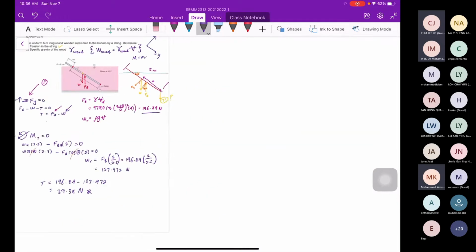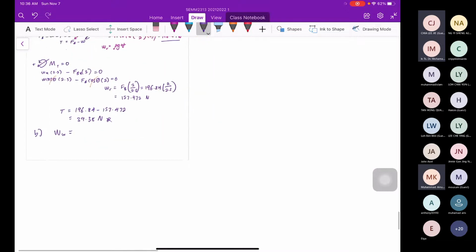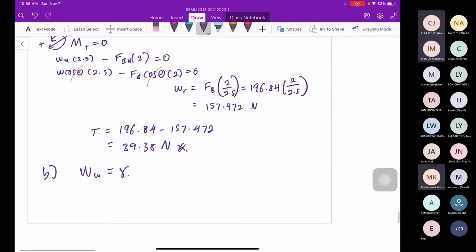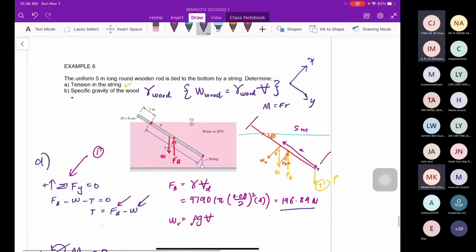Okay, this is specific gravity, sorry. Specific gravity basically of the wood is gamma of the wood divide with gamma of water. So that means definitely we need to find the gamma of the wood first and then we can solve for the specific gravity.